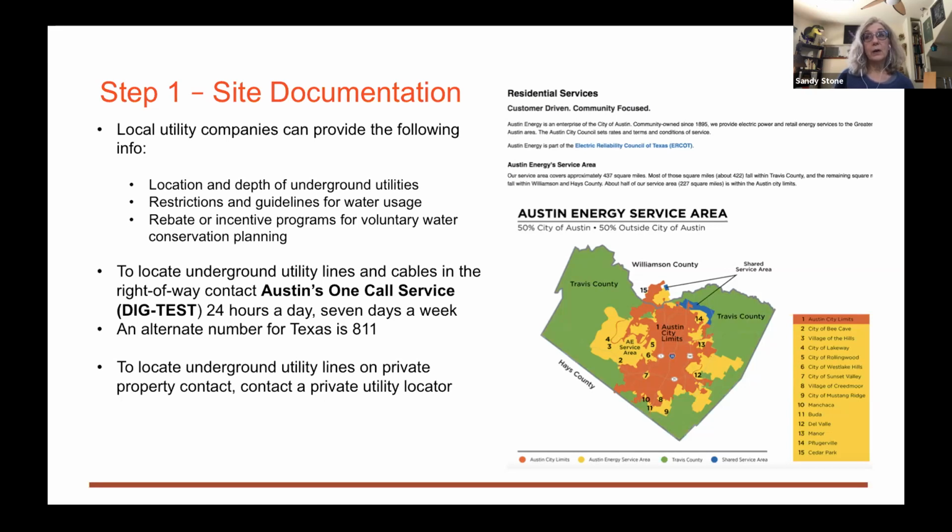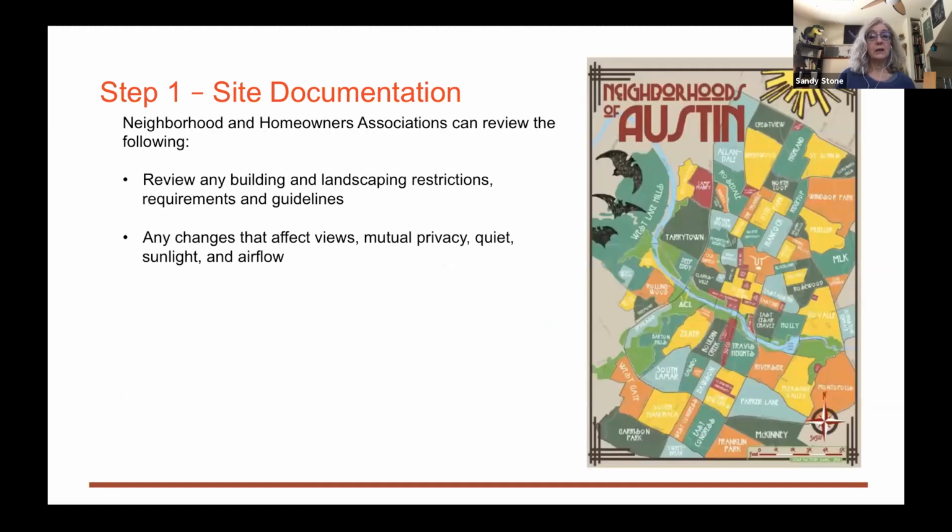They will not locate utilities on your property, so you'll have to get a private utility locator, and you can look those up on the web. There are several listed on the web for this area. And this is really important if you're going to be doing a bigger project.